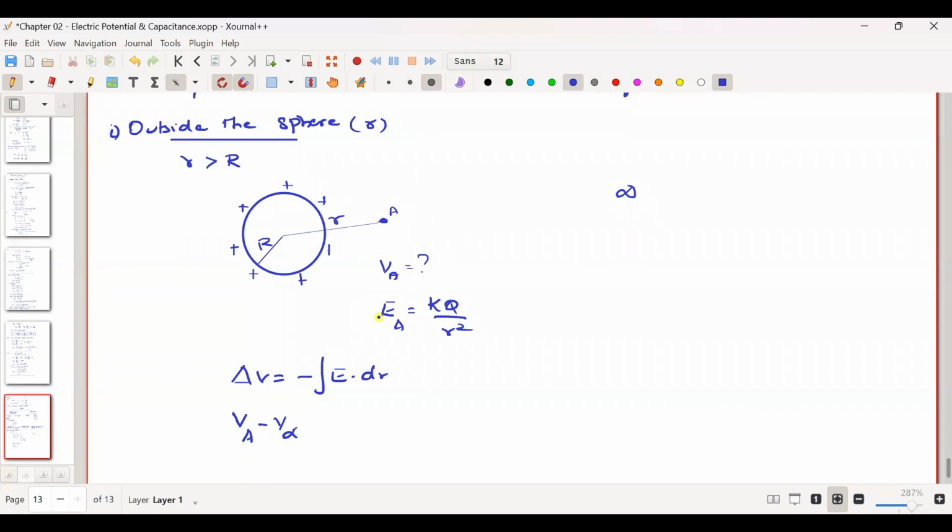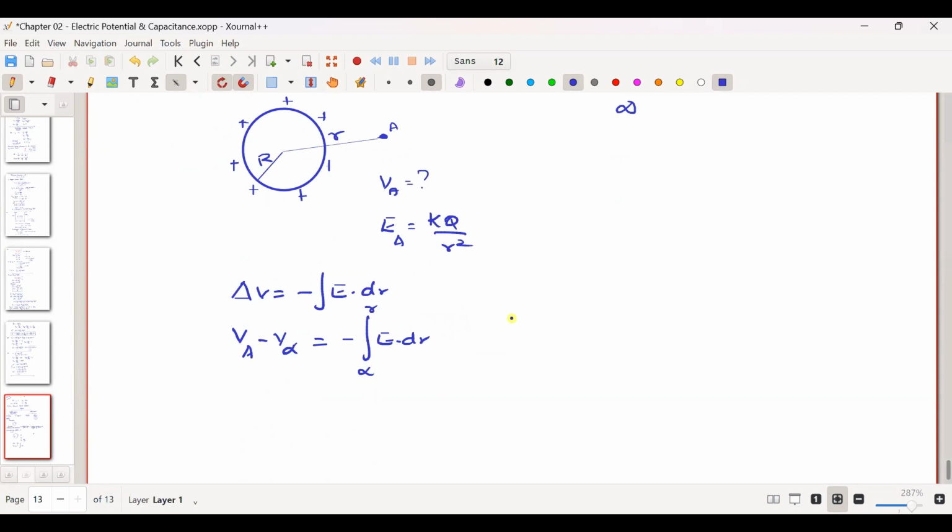So I'll get the potential at point A, which will be equal to minus the integration of E dr, from infinity to this point A, which is at a distance r. Clear? So VA is equal to minus the integration from infinity to r. What is the electrical field at that point? I know that it is KQ by r squared times dr. Clear?